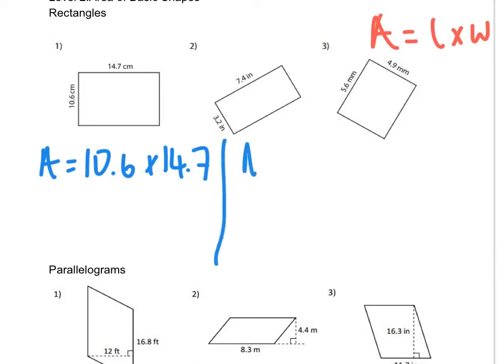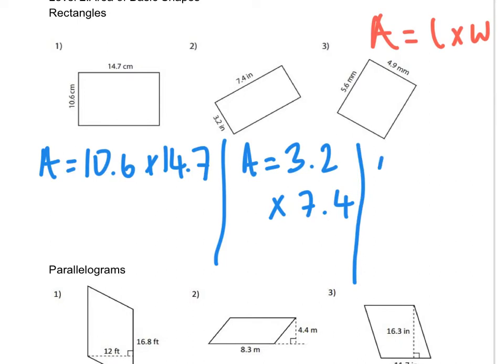The second one, the area is going to be 3.2 times 7.4. Inches squared is going to be your unit of measure for that. And then the last one, the area is equal to 5.6 times 4.9. We're just multiplying length by width, so it's very straightforward, very easy.